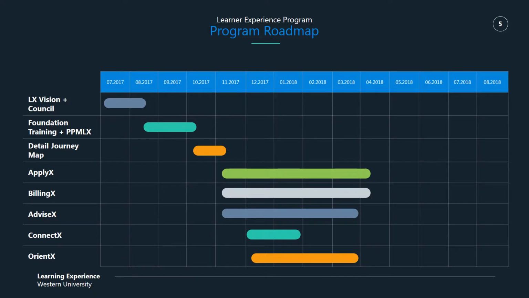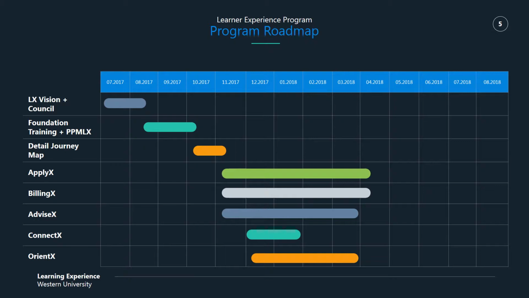The reason that these are laid out this way, we want to have a solid vision and governance council that's fully in place before we start talking about training our various faculty members, because if they have questions and the council hasn't been established yet, how does the program move forward? It's very difficult.